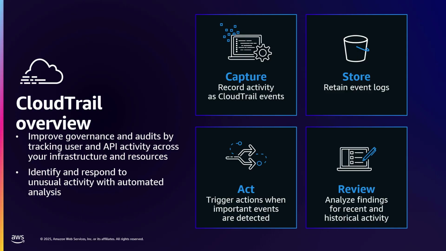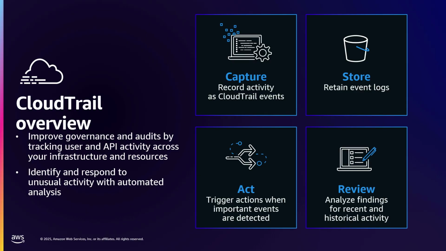It also allows you to store and analyze that for a variety of different AWS or security use cases, from threat detection to reactive investigations to understand any vulnerabilities in your perimeter. And you can also go back and analyze recent and historical activity for all the different use cases that I just mentioned.